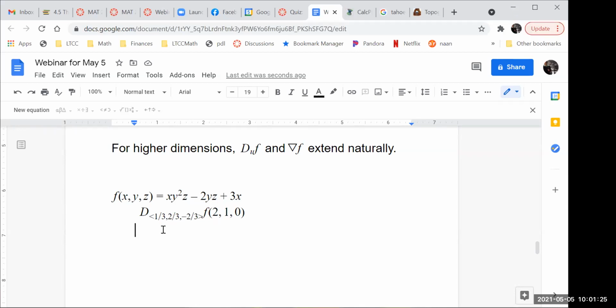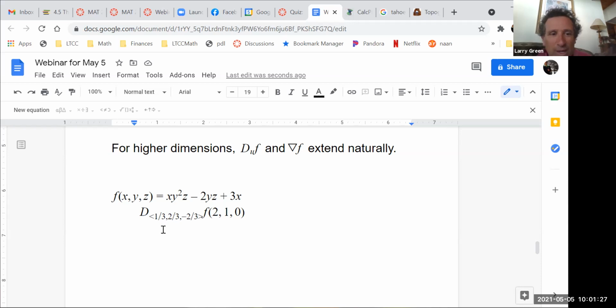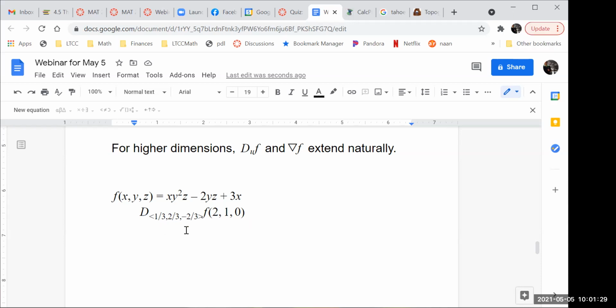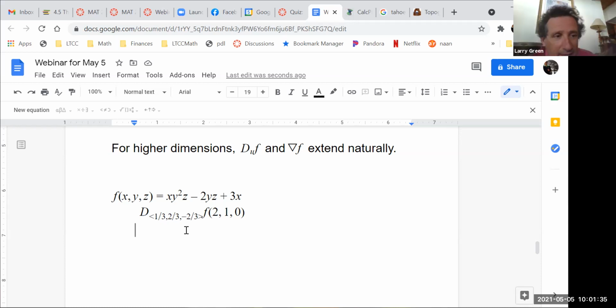What I'm going to do is take the partial derivatives. I'm going to take the gradient, and I'll use grad of f is equal to.